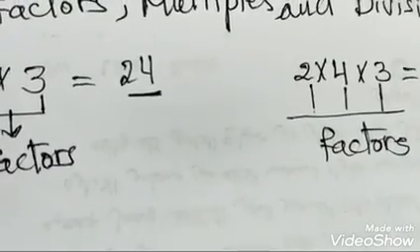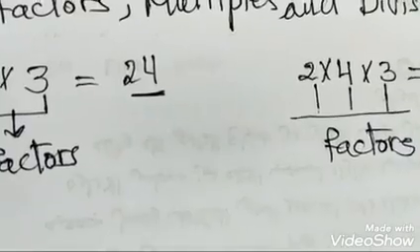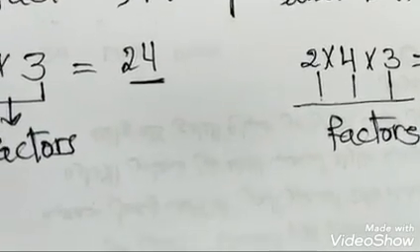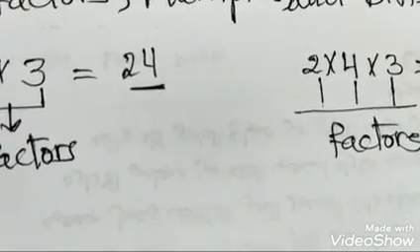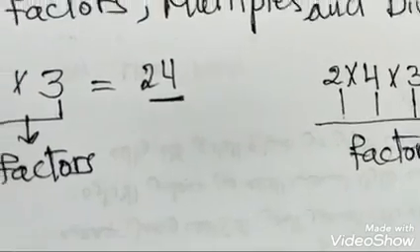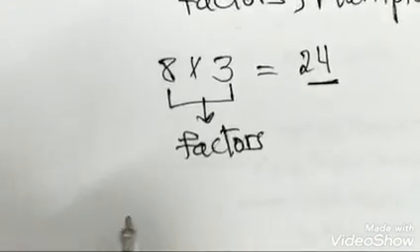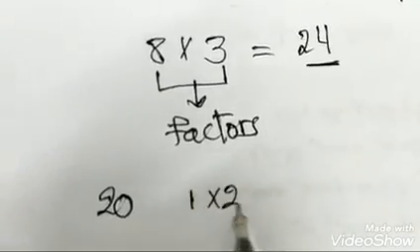To find all the factors of a number, we have to use multiplication sentences. For example, all the factors of 20. First of all, I have 1 times 20.